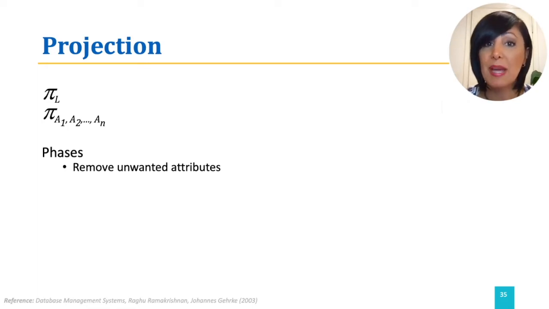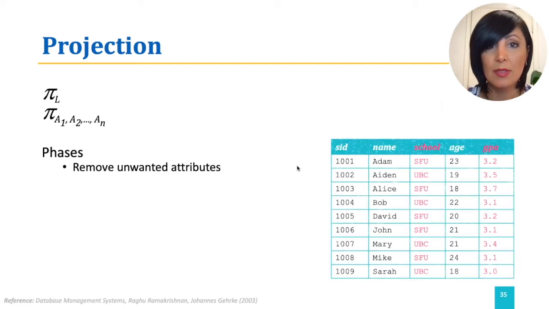However, depending on the removed attributes, we might end up having duplicate values on the remaining attributes. Let's see this on the students table depicted. If we only project the attributes school and GPA from this entire table, we will have duplicate output tuples.